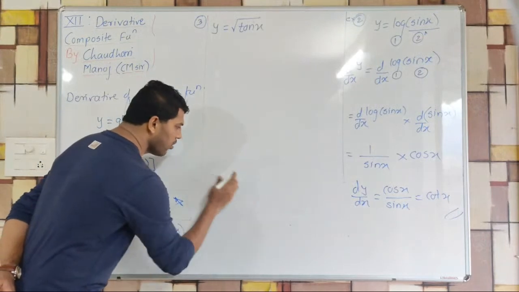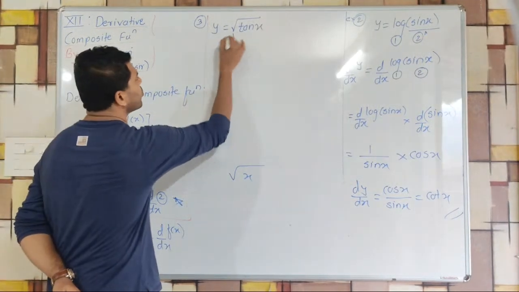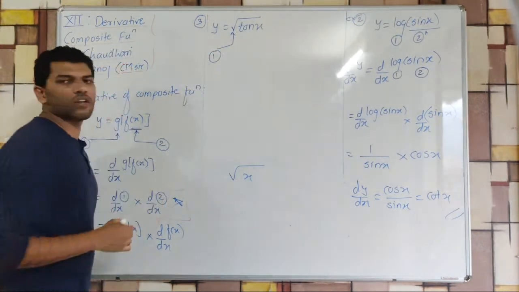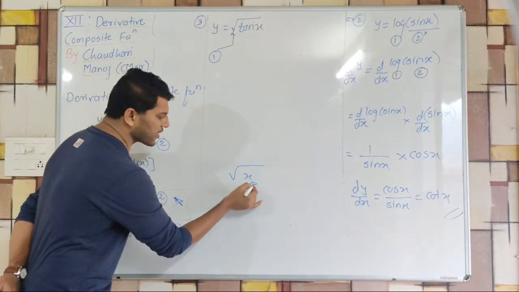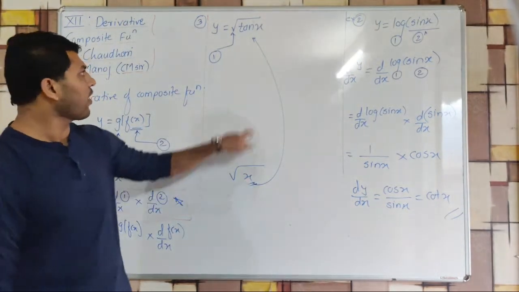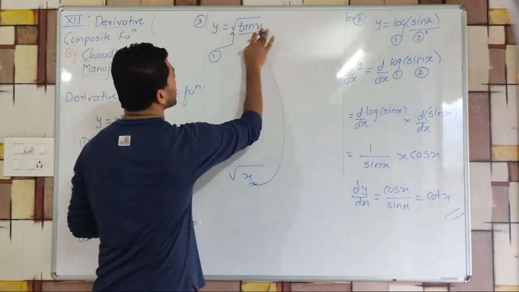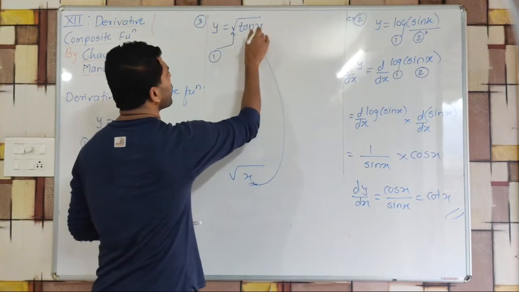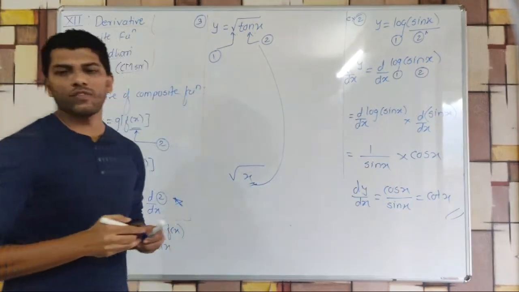Root x is the original function, and I am assigning this root as the first part of the composite. And if you observe, the replacement for x is tan x. So please assign this tan x as the second part of the composite.